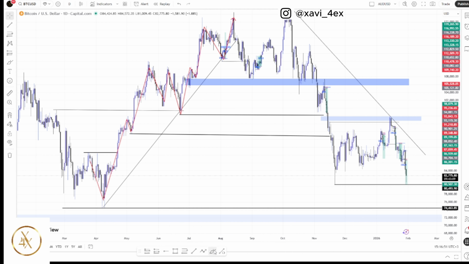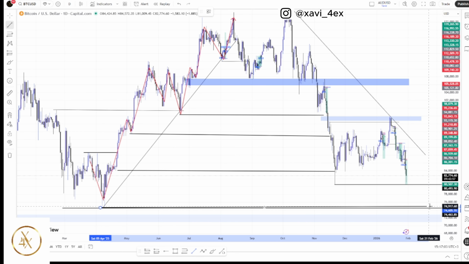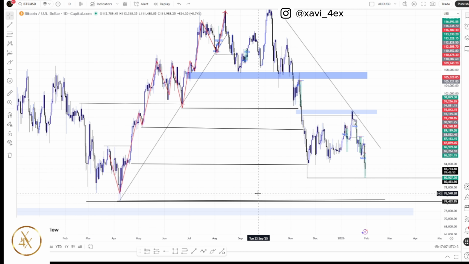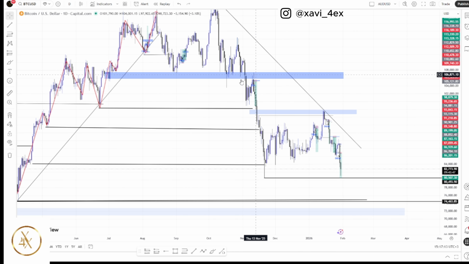Taking out these levels here. And finally, this. So that's the directional bias.